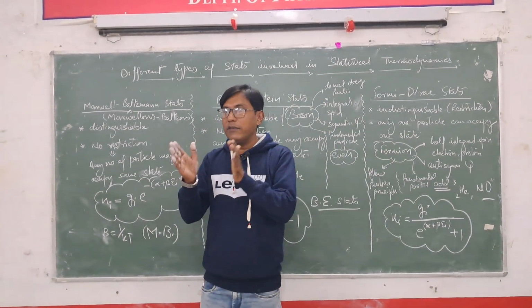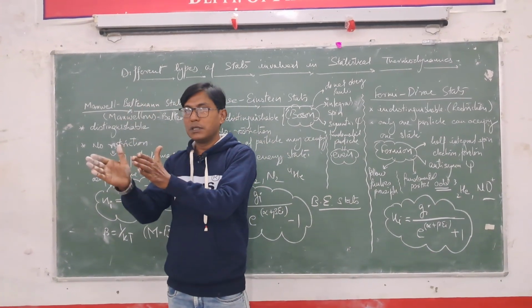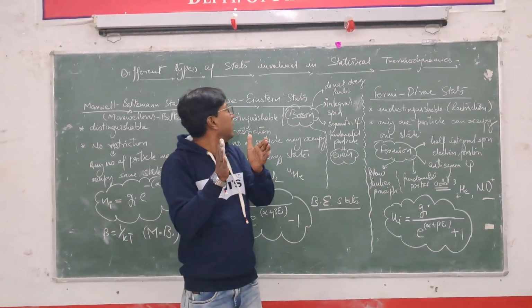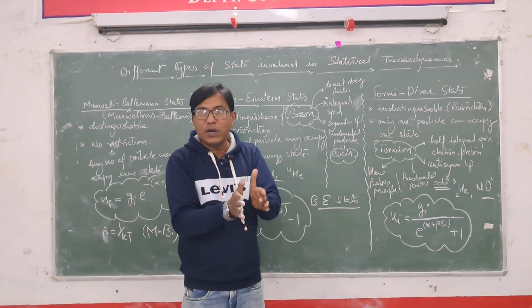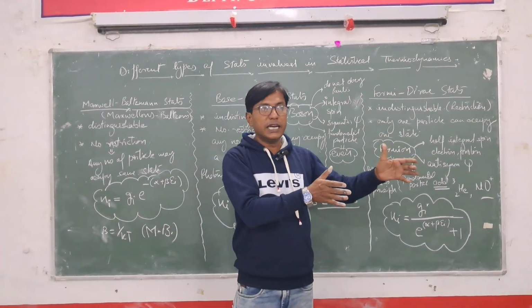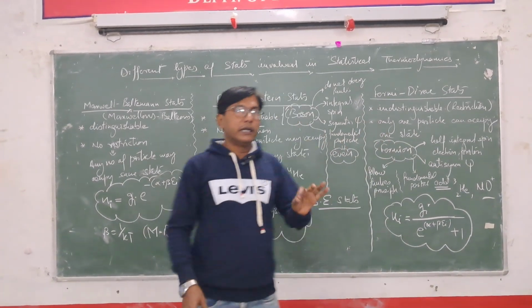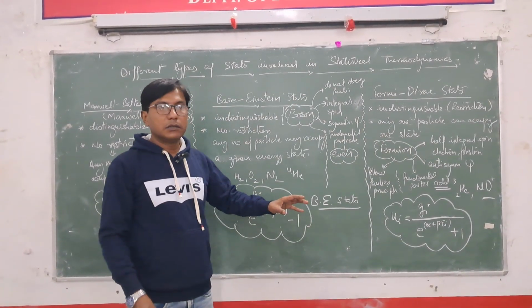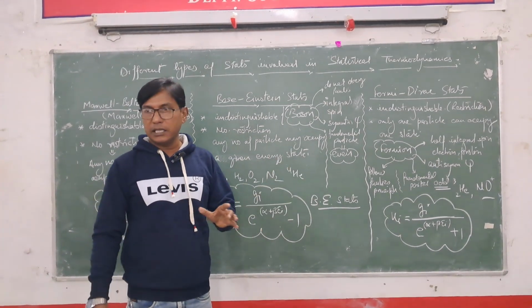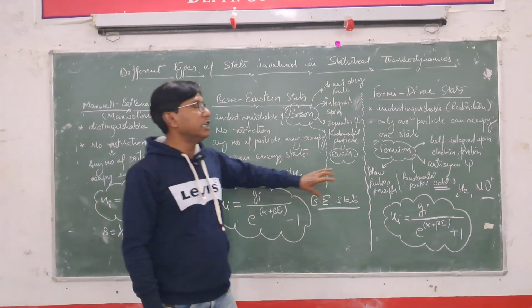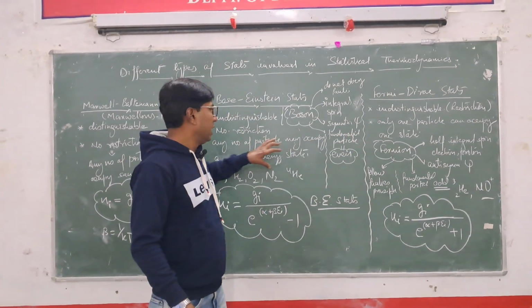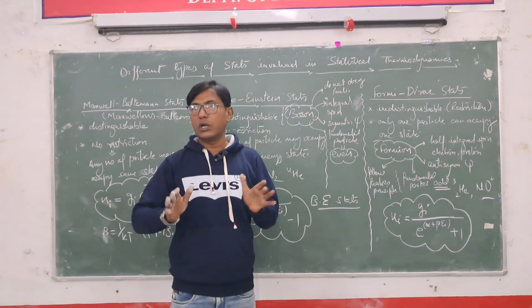So basically you have to remember MB stats. Then the second one is B stats with minus 1 and the third one is FD stats with a plus 1 in the main formula. To expand your answers in M.Sc theoretical exams, you need to define these fermions and bosons and elaborate your answers accordingly.